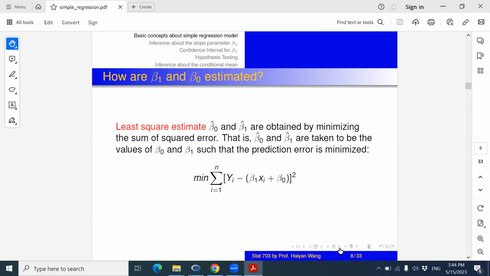When you consider the sum of squared terms, it's really a quadratic function. And for a quadratic function, you can always find the values of those unknowns, beta 0 and beta 1, that make this function minimized.